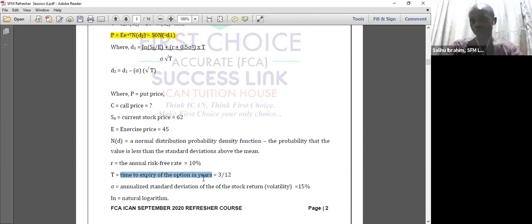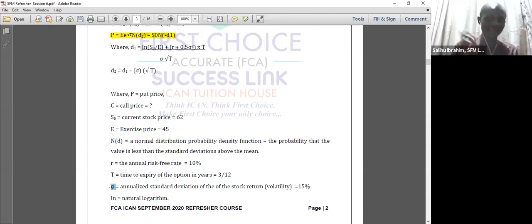If it is given in months, you have to convert it to years by dividing the number of months by 12. Then we have volatility, that is our standard deviation. Volatility measures the degree of changes in the value of the underlying asset.